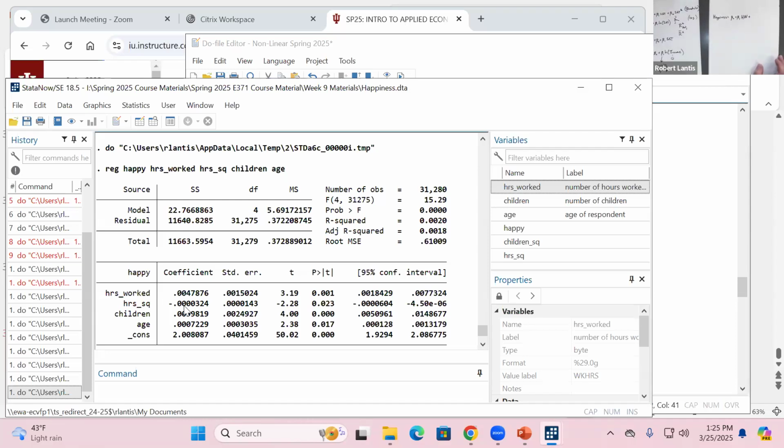Give it a second. Maybe. See if it'll go back to the desktop. I'll try switching back and forth here.